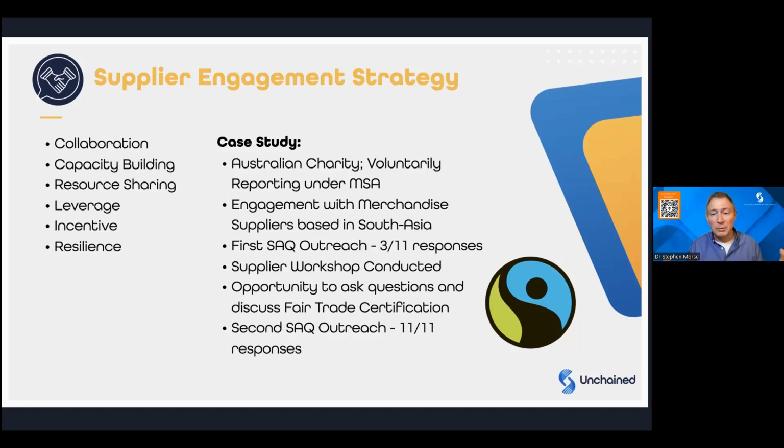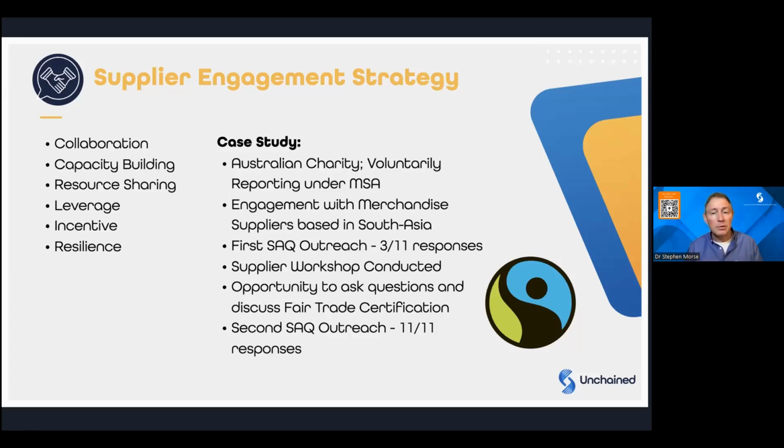It's been proven to be very inefficient, especially as many suppliers receive multiples of these in any given week, answering the same questions. So one of the key strategies for those issuing SAQs is to work in partnership with others who share a common pool of suppliers, so that suppliers aren't inundated with an excessive amount of SAQs, which pulls them away from actually doing business.